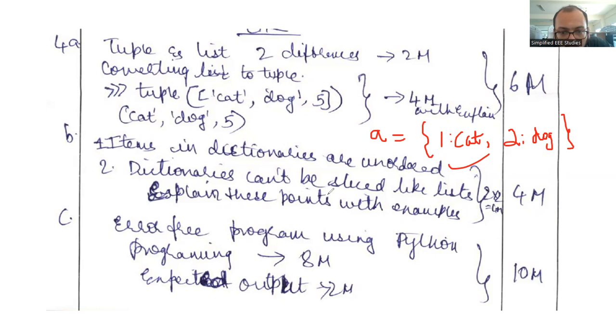Similarly, dictionaries can't be sliced like lists. That is another important point. Explain these two points with the help of some examples, and you will definitely get 4 marks. I think it's clear to all. Prepare accordingly. These are the things you need to add in your answer book.